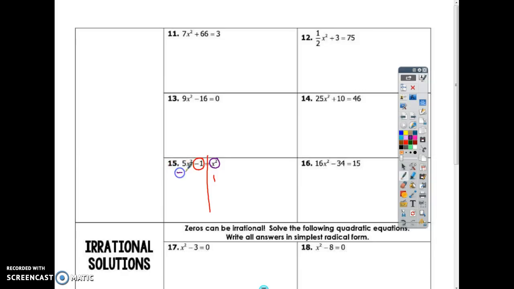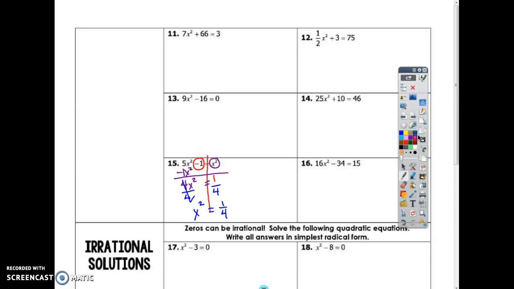So it's minus x squared. So 5x squared minus 1x squared is 4x squared. And then you have to divide both sides by 4. So that's x squared equals 1/4.